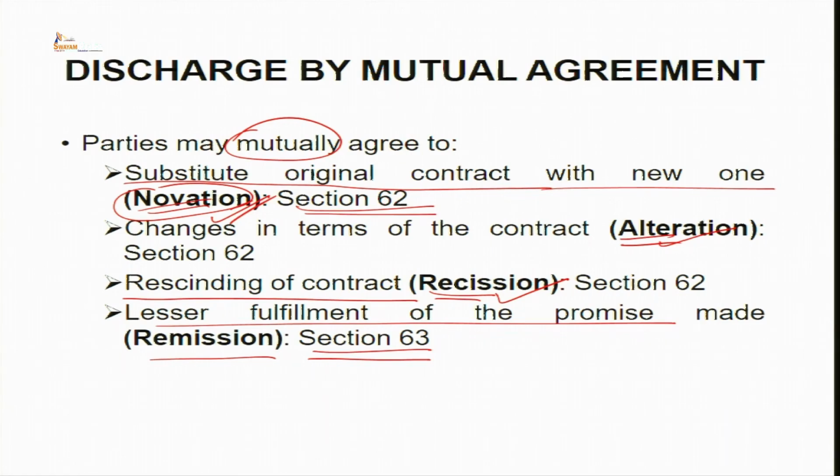Once, at my request, you have accepted 6 lakhs in lieu of 10 lakhs, once you have accepted that lesser performance, you cannot later on insist on getting the remaining 4 lakhs. This also incorporates the doctrine, I have already explained the concept to you, which is also referred to as the doctrine of accord and satisfaction.